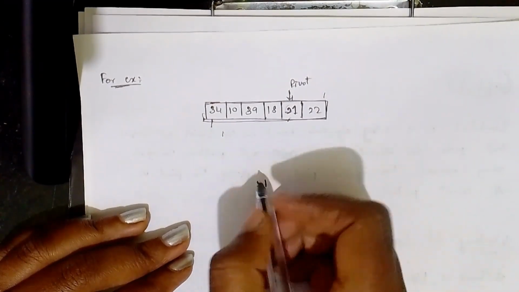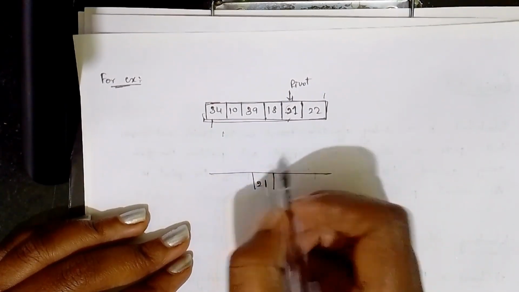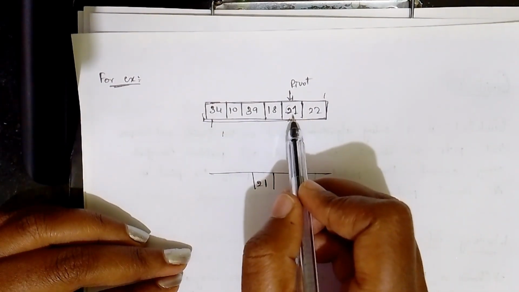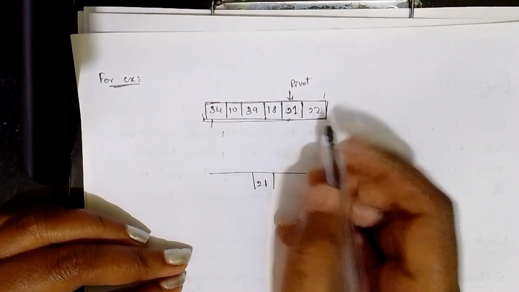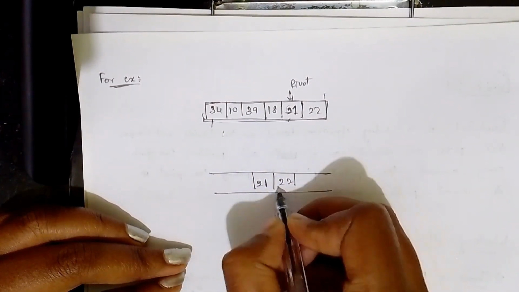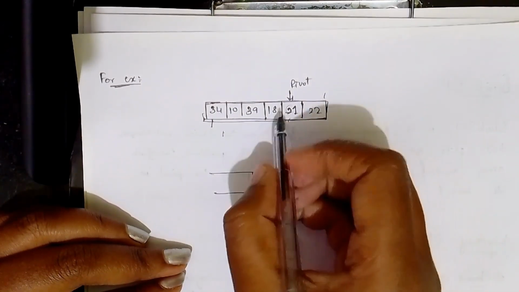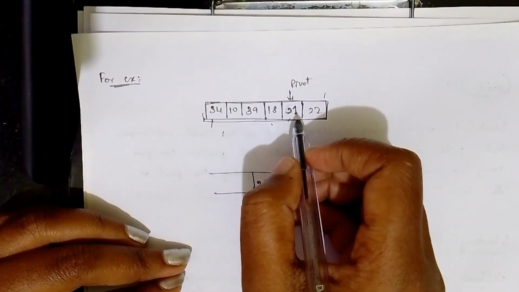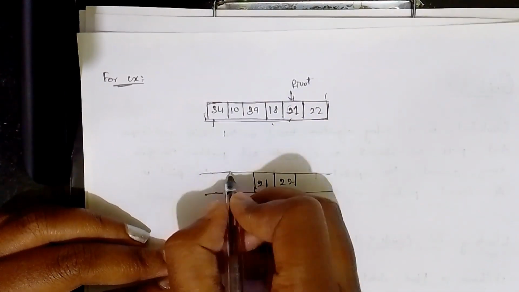You can simply do that manually, right? Let me take this 22. Is 22 greater than or smaller than 21? Yes, 22 is greater than 21, so I have to place it on the right side. Now moving to another element, 18. 18 is smaller than 21, so it will come on the left side.